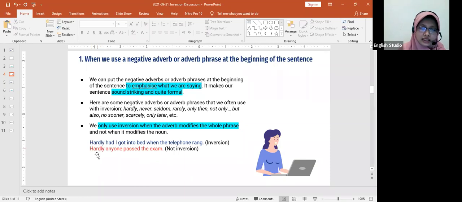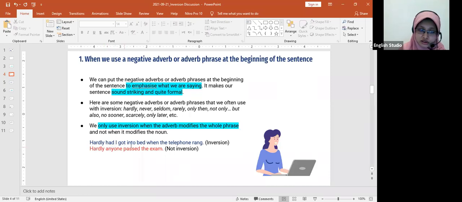This is interpreted like almost no one. So what is explained by the negative adverb hardly is only anyone, not the passing of the exam. This is quite different from the first example. That one is clearly inversion; we can also identify it from the auxiliary, which is put before the subject.